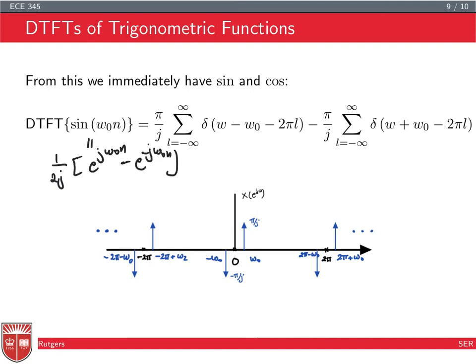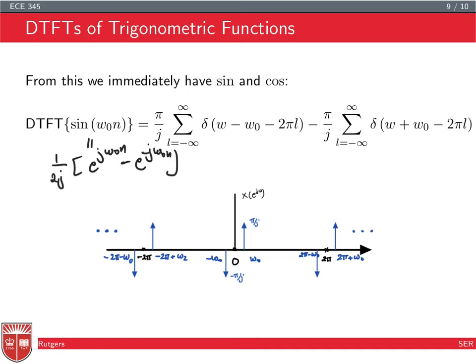This is why you get pi over j here, and then you have delta of omega minus omega 0 minus 2 pi L and omega plus omega 0 minus 2 pi L. This part gives you the frequencies at omega 0 and its shifted versions, and this part gives you the frequencies at negative omega 0 and its shifted versions.